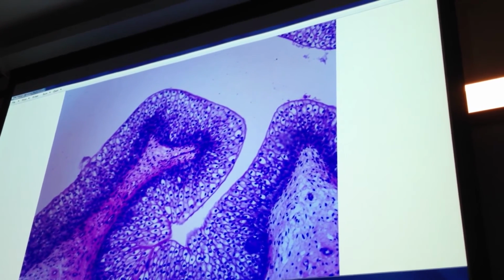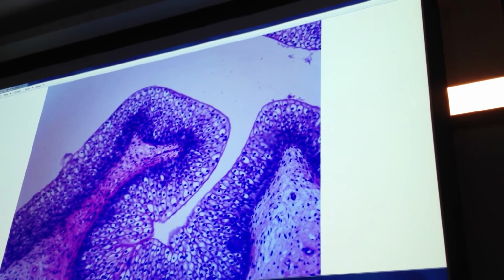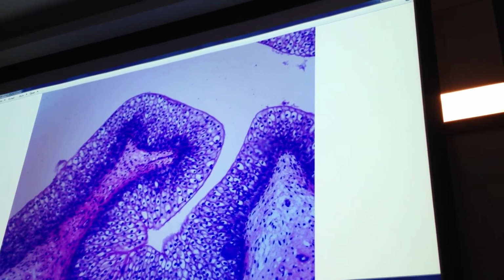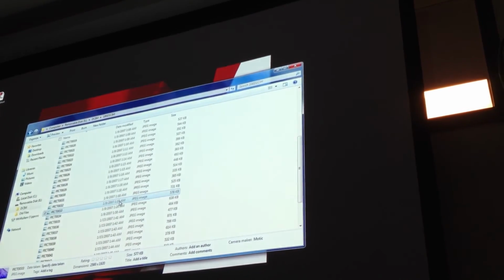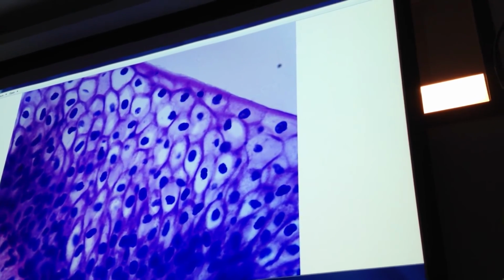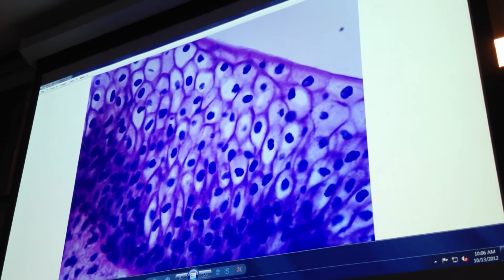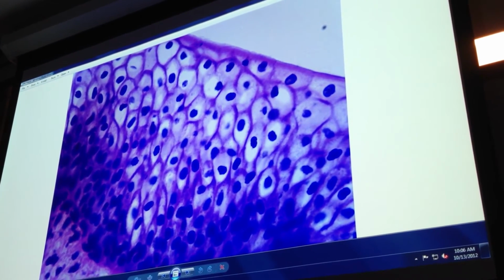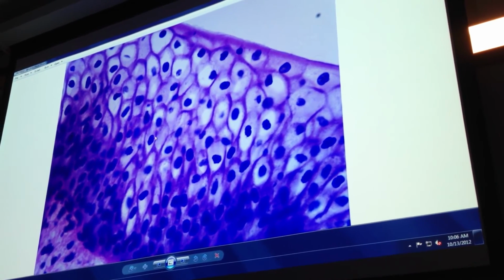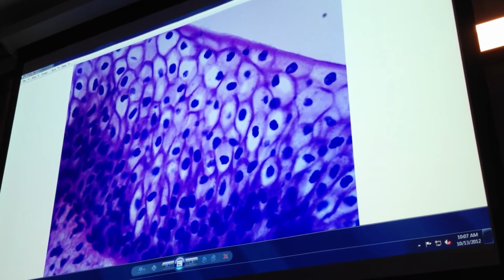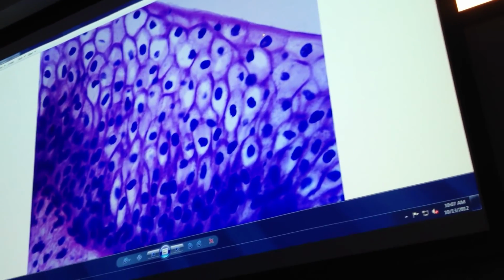We can look at this. This is lower power. What organ? Small intestine. Maybe I'll go up a little bit higher and look at the epithelium. What organ? What's this right here? Basement membrane. How are the cells all oriented? At a 90-degree angle. And you have these dark dome cells or umbrella cells up here.